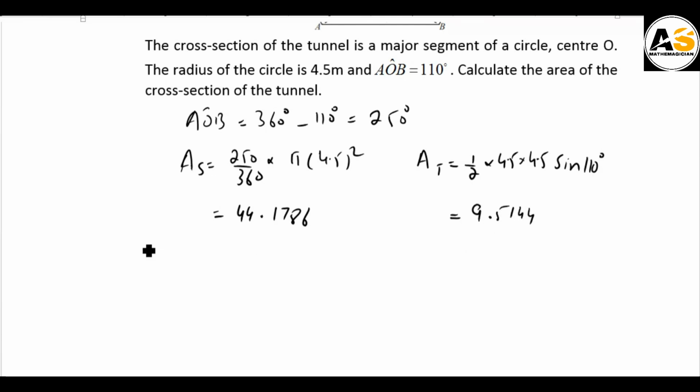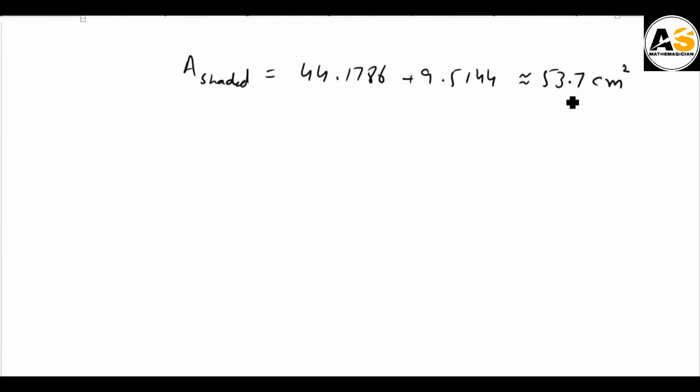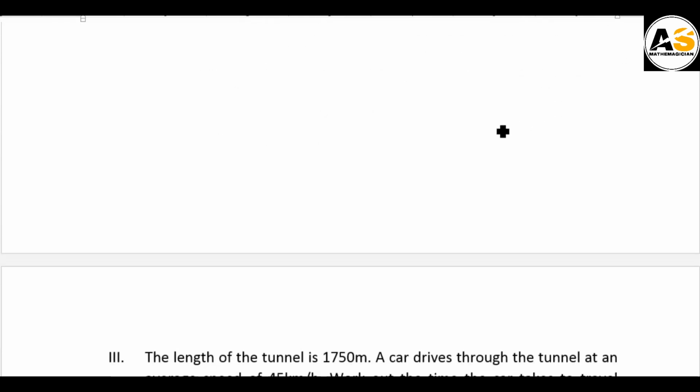When you add this to get the shaded area, this will be 44.1786 plus 9.5144, which will be rounded off to 53.7 centimeter square. Area is always calculated in unit squares. I have rounded this to 3 significant figures.